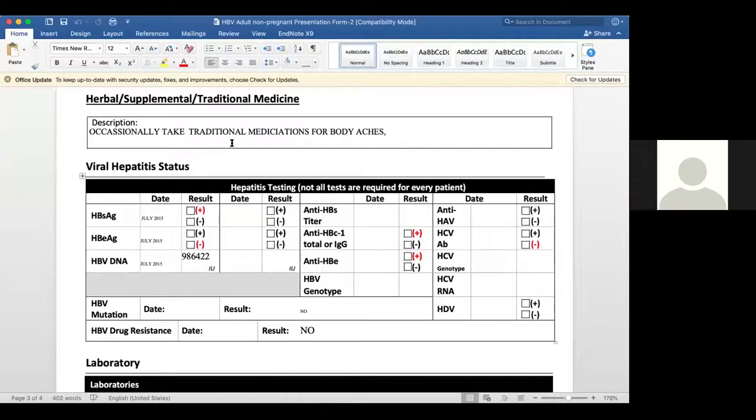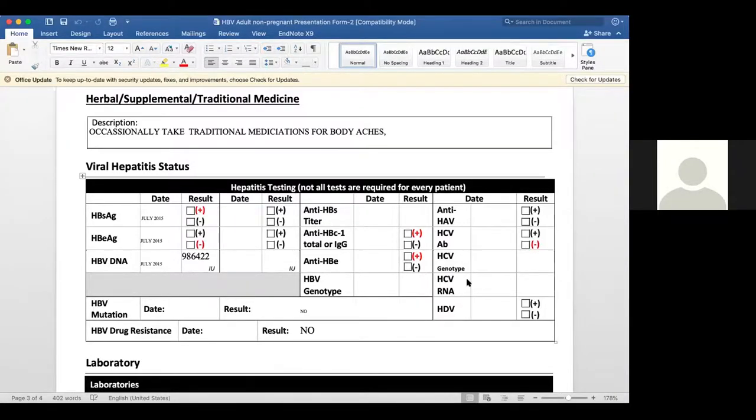Occasionally takes traditional medications. These are the serology test results. They're surface antigen positive. It looks like they are e antigen negative, and it looks like they are core antibody positive as well as E antibody positive. Looks like they've been screened for hepatitis C, and that came back negative.